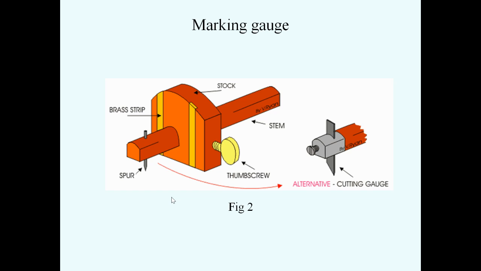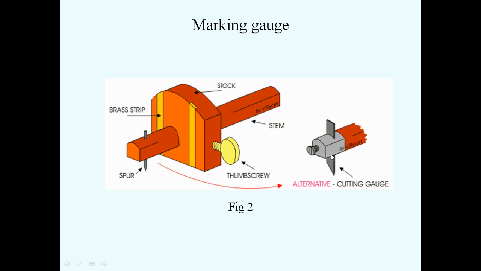This is the actual diagram of a marking gauge. This is a screw pin, and this will be the stem, and this part is called brass strip, stock, thumb screw, and alternate cutting gauge.